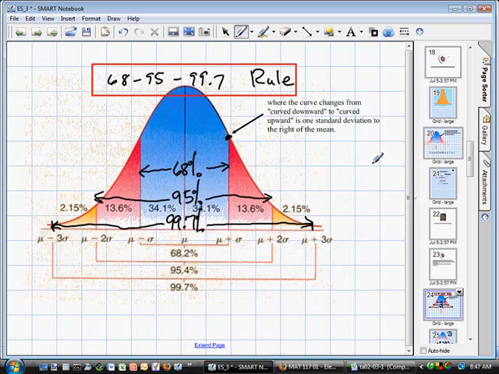And if you go 2 standard deviations either way from the mean, you will always have 95% of the data. And if you go 3 either way, every single time you're going to have 99.7% of the data. This is such a big deal, and it will come up so many times, that we even give it a name. We call it the 68, 95, 99.7 rule. We're going to need this in order to solve problems in this section.